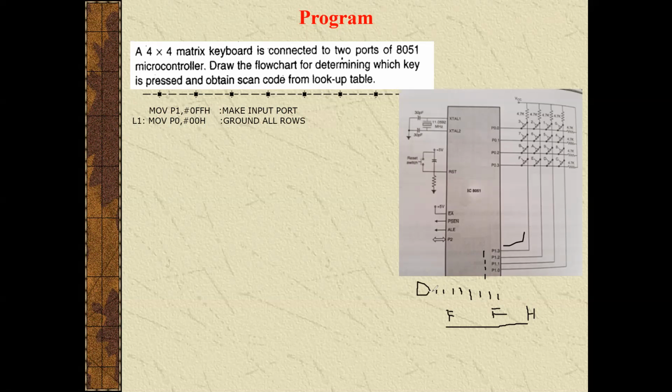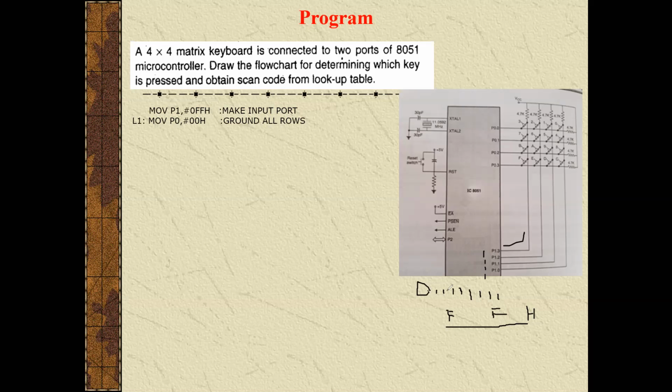We have to make sure no carry is generated here. So first we make all high and all 0, by loading 00H to port 1. Next, let's see what will happen.